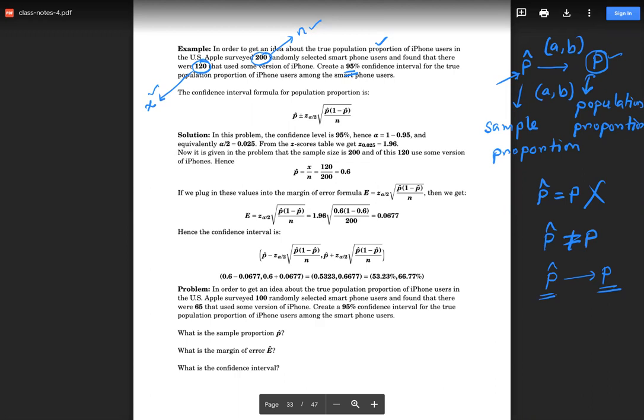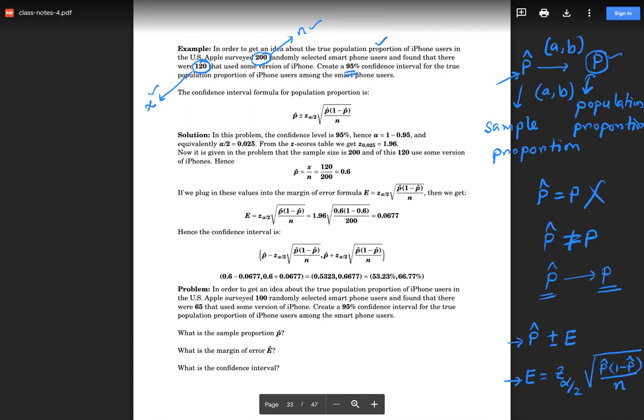Now, our confidence interval is going to be P hat plus or minus E. I told you E is Z sub alpha over 2 times the square root of P hat times 1 minus P hat, all of it divided by the sample size. Now, what is P hat? We have to find this E, and once we find E, we have everything we need in order to find the confidence interval.